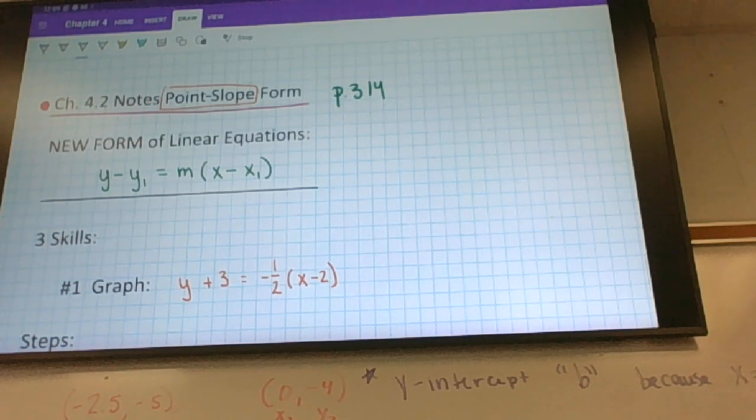So, we're getting into point slope form. Yep, these are the notes for today. New section. So far we've got slope intercept. And then we got our standard form, which is only good for plugging in zeros.